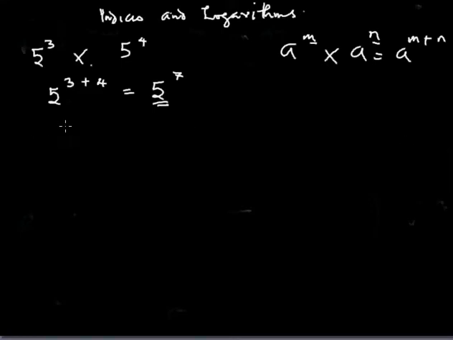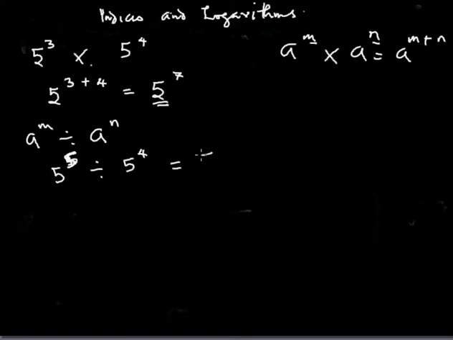The next rule, which is a raised to power m divided by a raised to power n. Take for instance, we have 5 raised to power 5 divided by 5 raised to power 4.